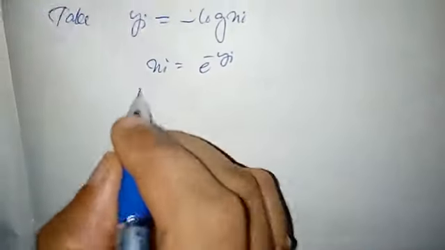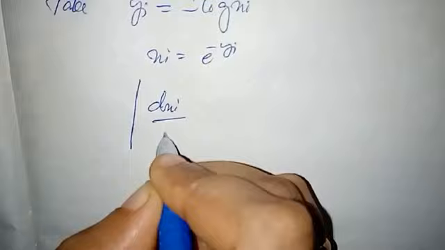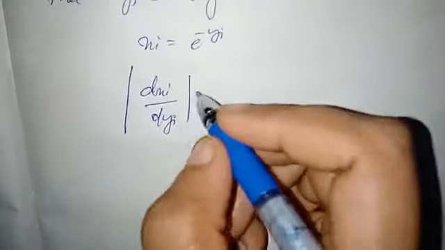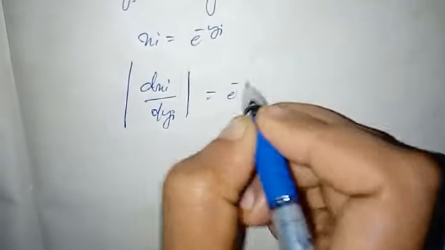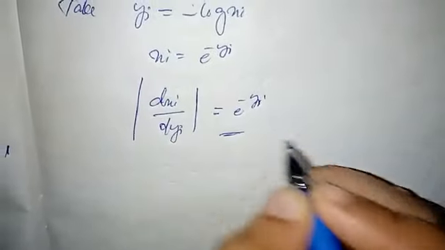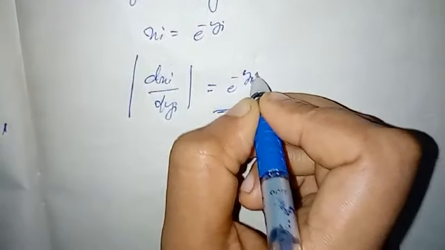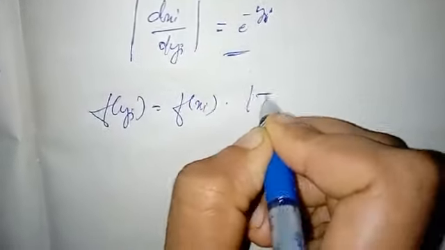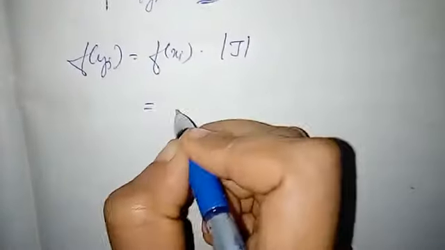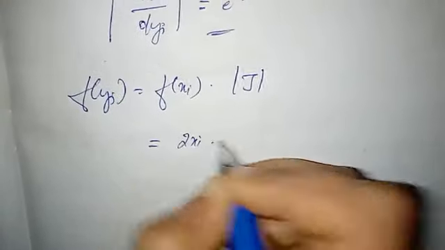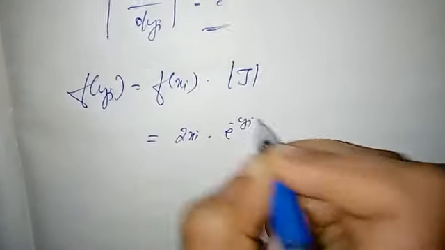Then we need to find the Jacobian, the modulus of dxi divided by dy, that is e power minus y. The Jacobian value is e power minus yi. Then the density of y equals f of xi into Jacobian. What is the density of xi under H1? That is 2xi, and the Jacobian is e power minus yi.